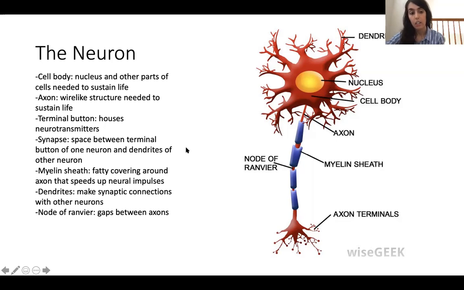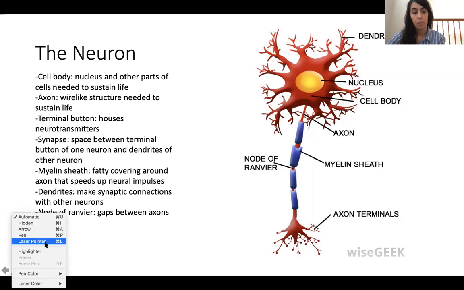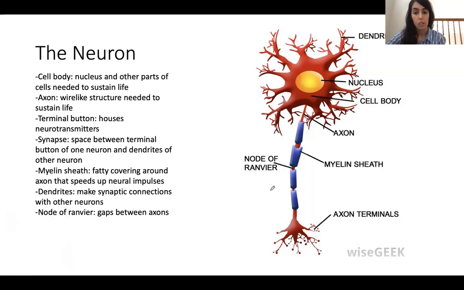I'm going to use my pen to show you the axon here, the axon here, and you have another one here, and another one here. So axons are wire-like structures and they're needed to actually sustain life in the cell.